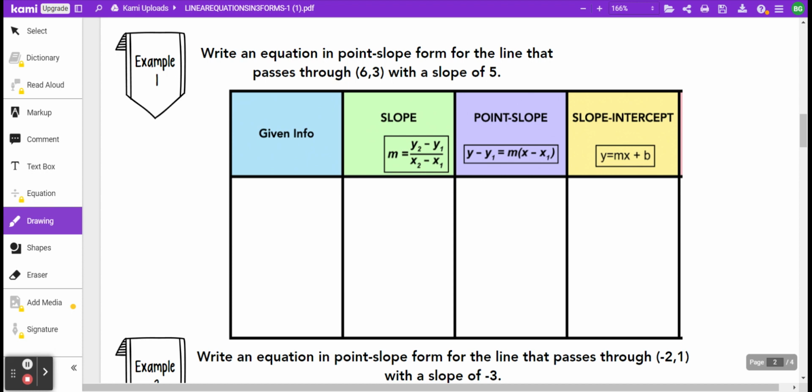The info given: we are given a point, which in this case is (6, 3), and we're given slope, which was 5. The next column is asking for my slope. It gave it to us, so we're just going to write that m equals 5.